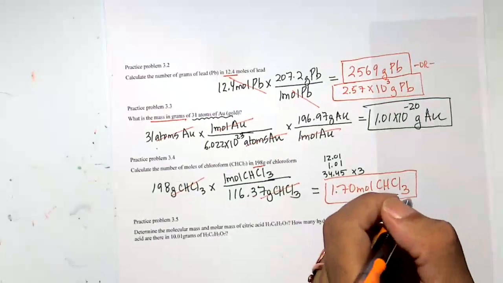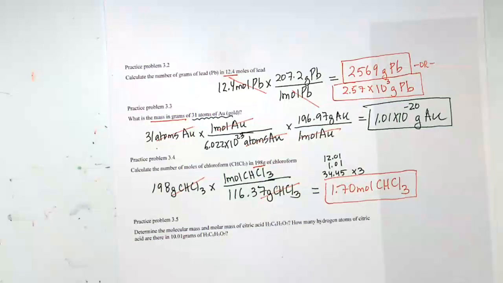So if I give you 1.70 moles of chloroform, how many grams of chloroform did I give you? 198. If I gave you 198 grams of chloroform, how many moles of chloroform did I give you? 1.70.